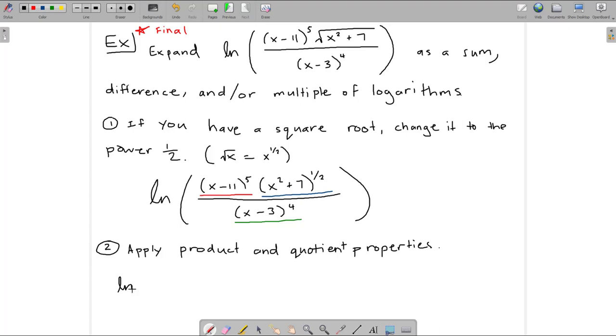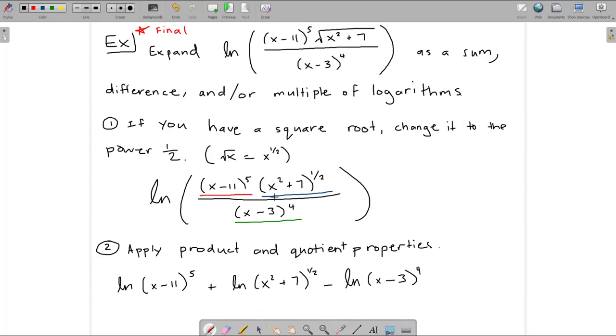Natural log of, let's just take the first one there, x minus 11 to the 5th. That gets multiplied with this second term here, so it's a plus natural log of x squared plus 7 to the 1/2. And then this one in the denominator gets subtracted because that is a quotient. So natural log of x minus 3 to the 4th.